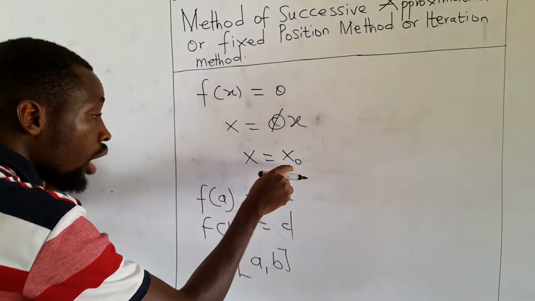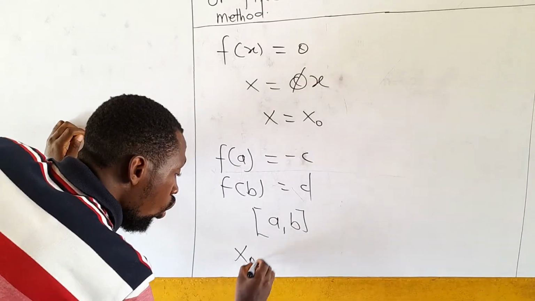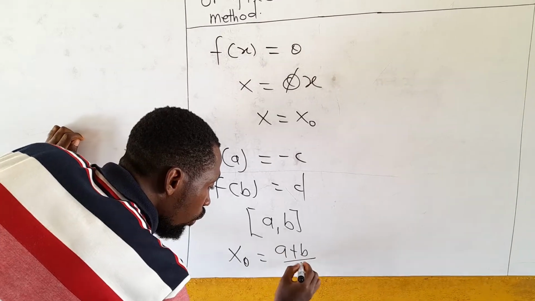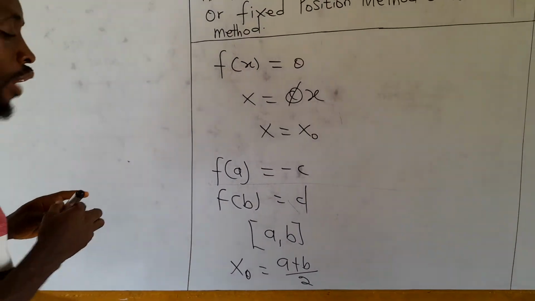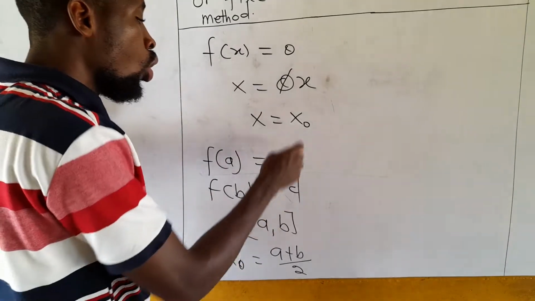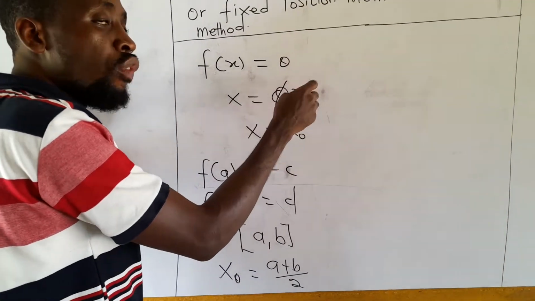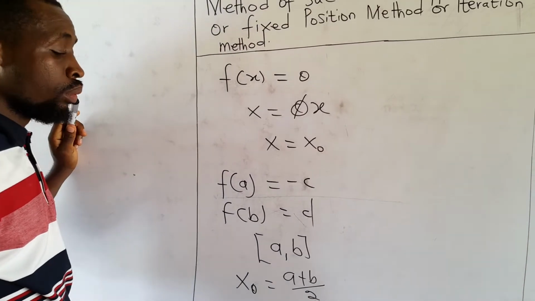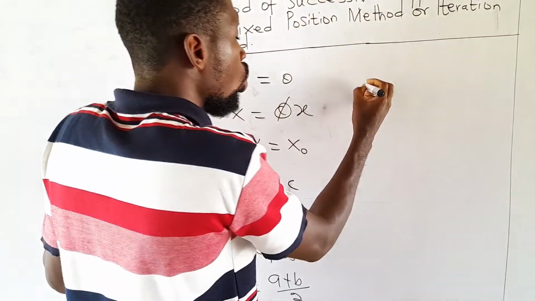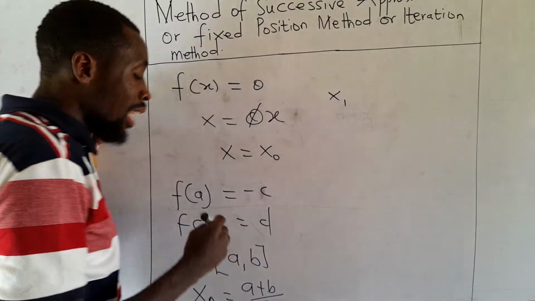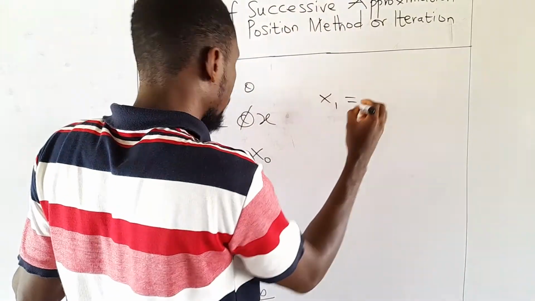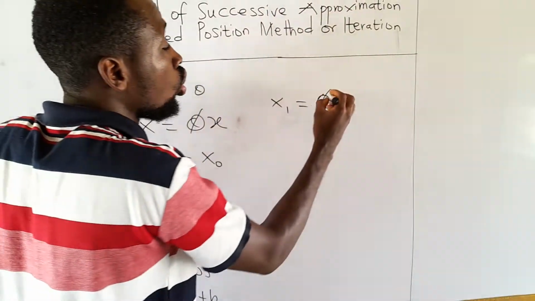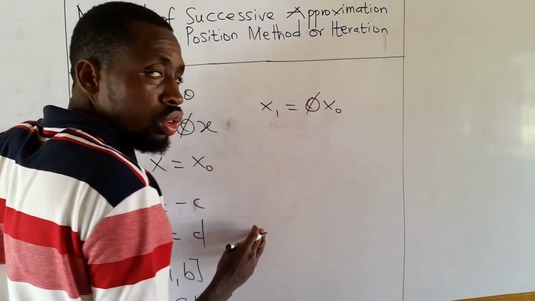Now our x naught will be the interval a plus b divided by 2. After we get the x naught, we substitute it in place of x in the equation that we made the subject. So we will get our x1, the first approximation.